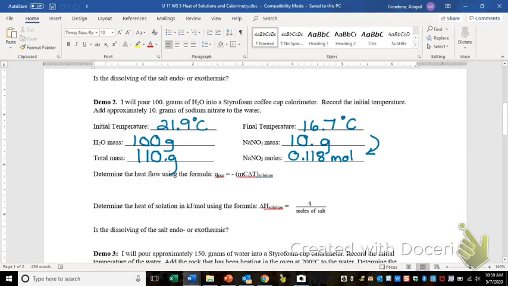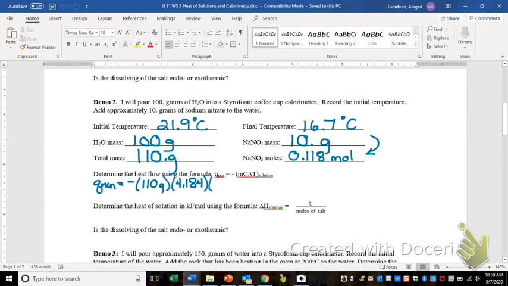Now we're going to do the exact same thing, just with different values this time. So the heat of the reaction is equal but opposite in sign. We're going to assume that the specific heat capacity is approximately the same as pure water, which it would be pretty close. It's a good enough approximation.